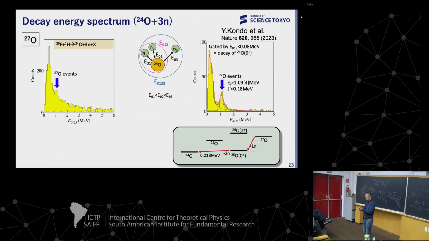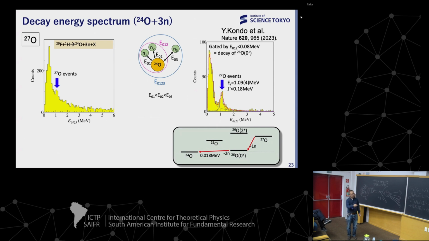But for some reason it decays through oxygen 26. There is some theory. It looks like this is favored, I think, due to the penetrability discussion. Rather than decaying directly, it decays through oxygen 26, which is favored because of penetrability.